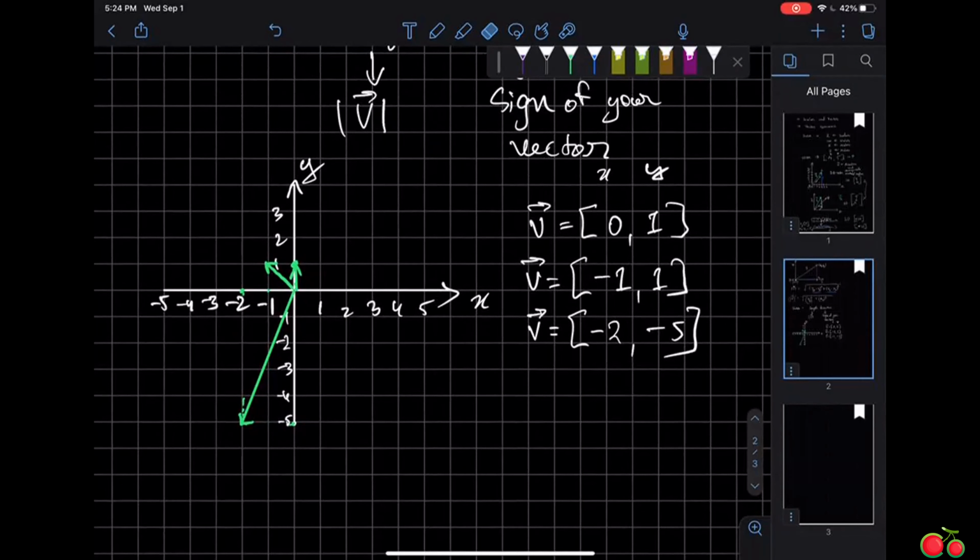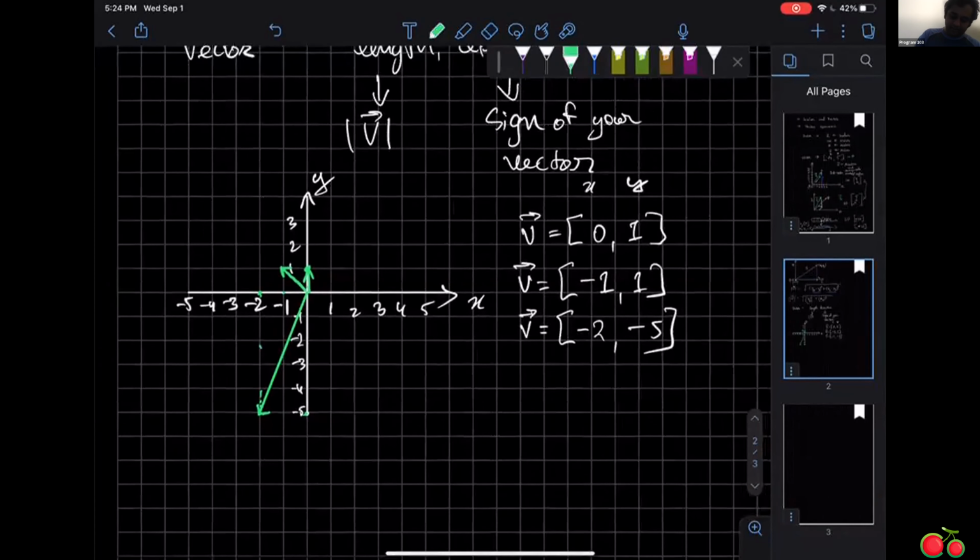So is the point your vector or the whole line? The whole line. The whole line is a vector. Okay. So that's a good point. Is the point my vector or the whole line? The whole line is the vector.